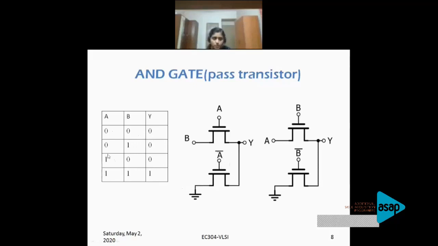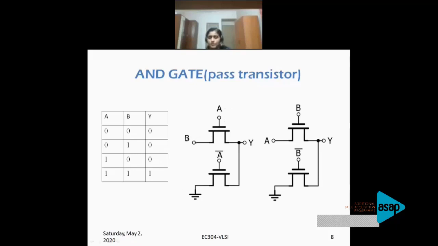Now what happens to the true form? When A equal to 1, how does the output vary with the other input? When B is 0, output is 0. When B is 1, your output is 1. That means whatever is in the other input is transmitted as it is to the output. Am I right? So when A is in its true form, whatever B is, is transmitted onto the output.